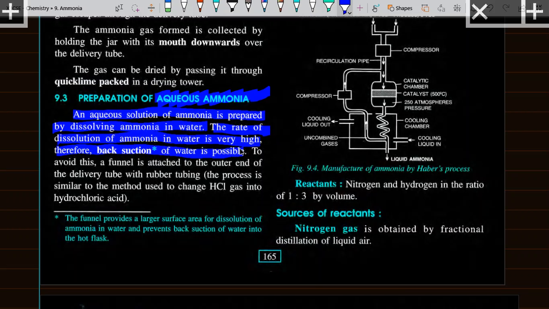You already know what is back suction. Back suction is the same thing which could occur in the case of HCl. So here also we use that inverted funnel method. To avoid this, a funnel is attached to the outer end of the delivery tube with a rubber tubing. The process is similar to the method used to change HCl gas into hydrochloric acid.